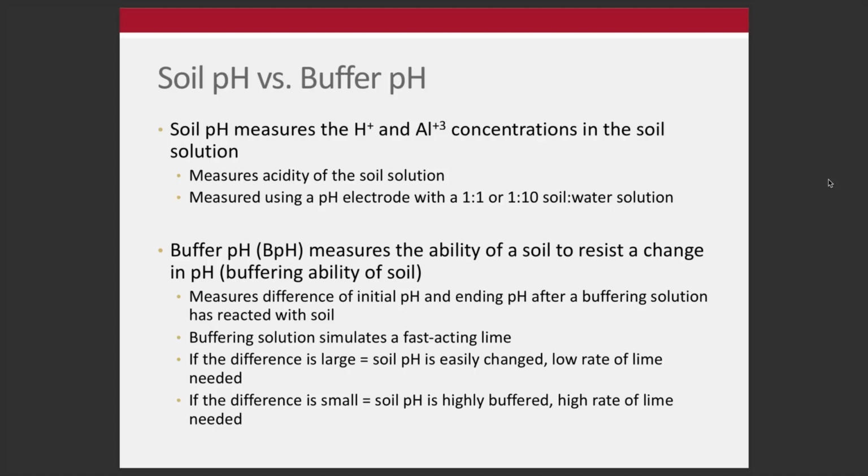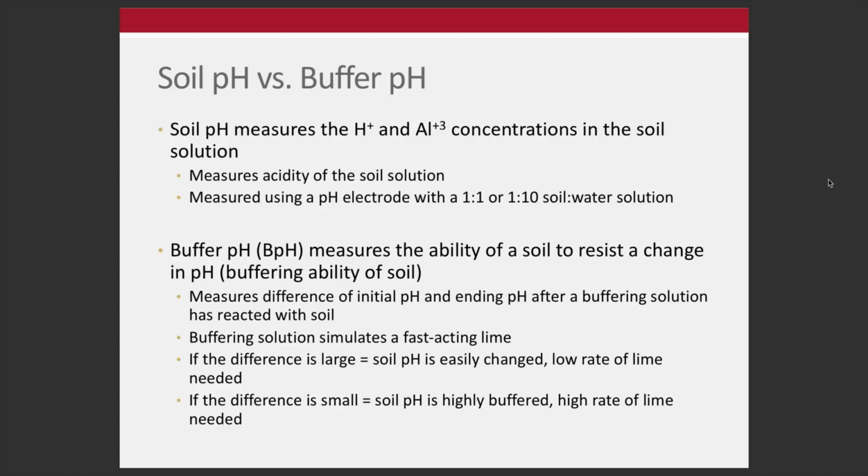This buffering solution is really just like a calcium chloride lime solution. So we're adding something that simulates adding lime to the soil to neutralize that acid. The idea is that we lime this little soil in a beaker in the lab, and we see what pH change that is.